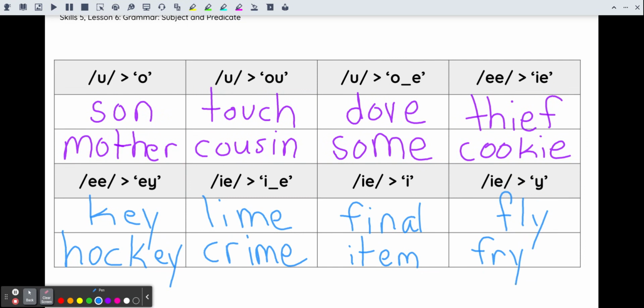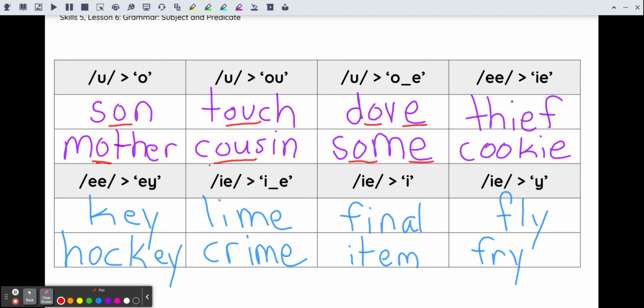Okay, so let's go back and review. So we have spelled with an O, where the O says and son, and then mother. Next we have spelled with an OU, as in the word touch, and cousin. We have spelled O consonant E, as in the word dove, and some.